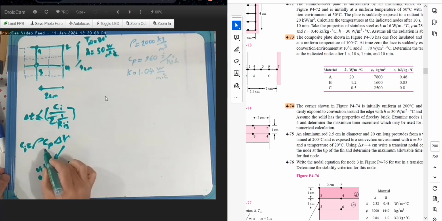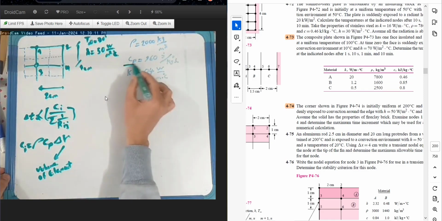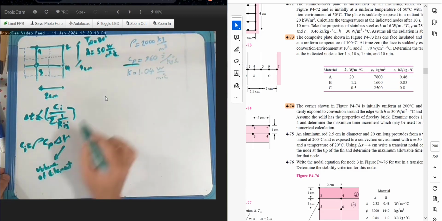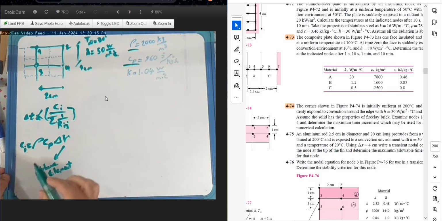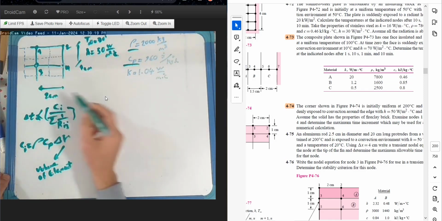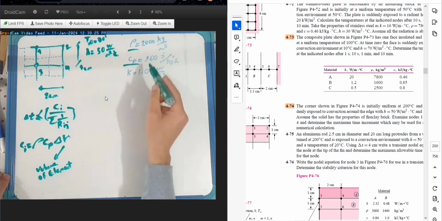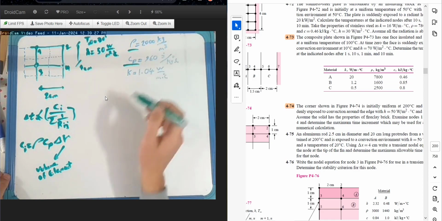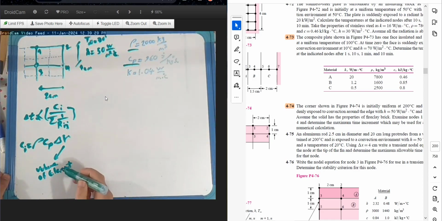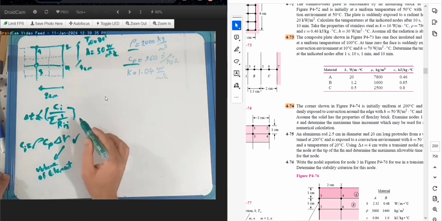Cp, as you know, is heat capacity, and rho is density of the material, and the densities and Cp for all of these 4 points are equal, as I wrote here. So we should calculate C for 4 points and delta t for 4 points.